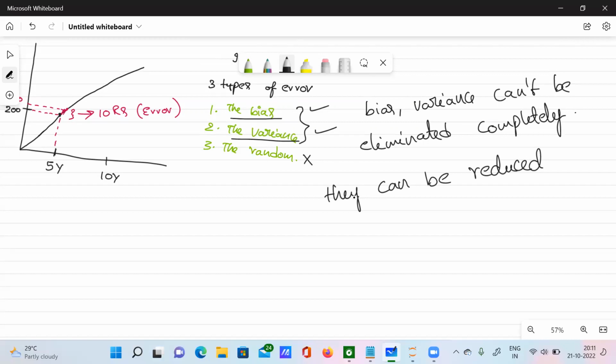What happens if we don't reduce this particular bias error and the variance error? What happens?